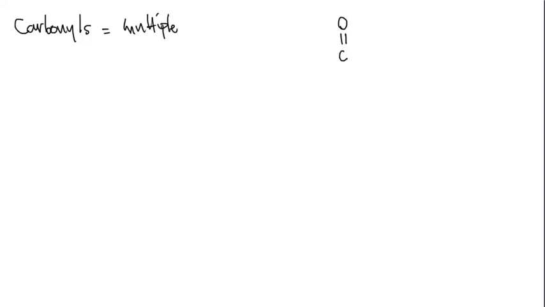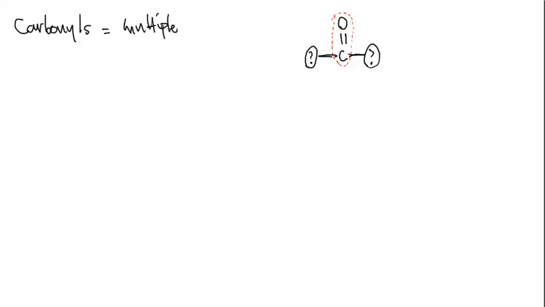Now, out of this group, this C double bond O, there are multiple different ways that it can show up in a molecule. So what I'm going to do is put something over here and something over here, and I'm just going to put question marks. The reason I'm putting question marks there is because that's what will determine what type of carbonyl we have that we're trying to pick apart in the infrared spectrum.